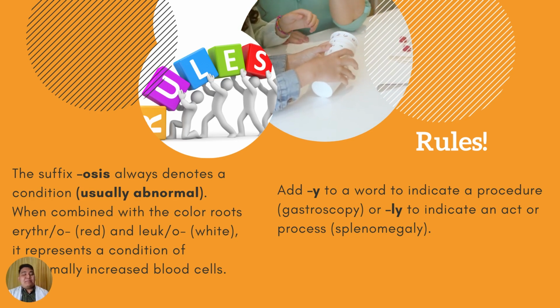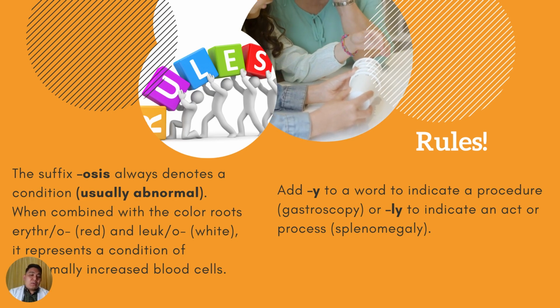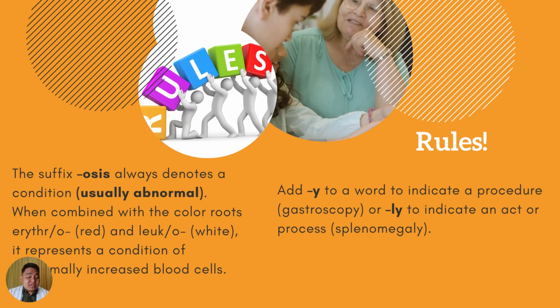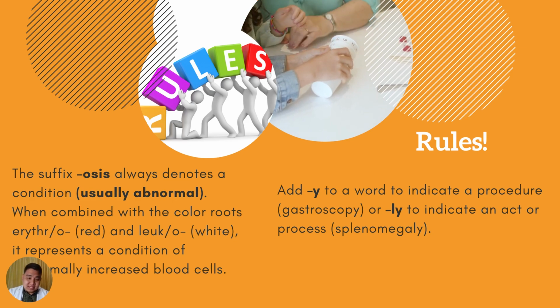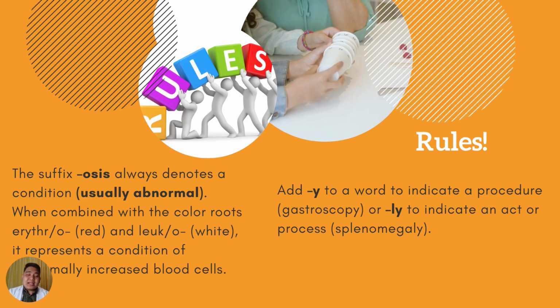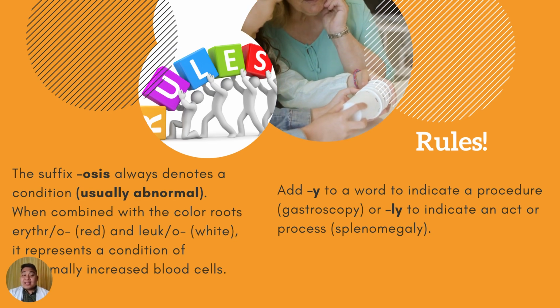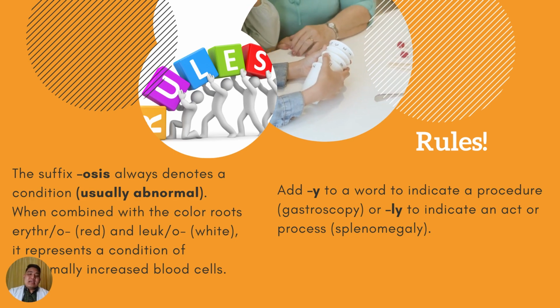You can also add a suffix -y to a word to indicate a procedure, for example gastroscopy, or -ly to indicate an act or process. Splenomegaly, meaning the enlargement of the spleen.